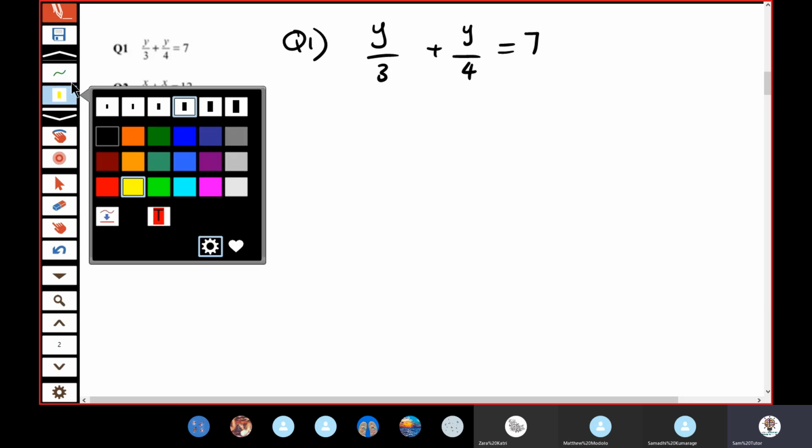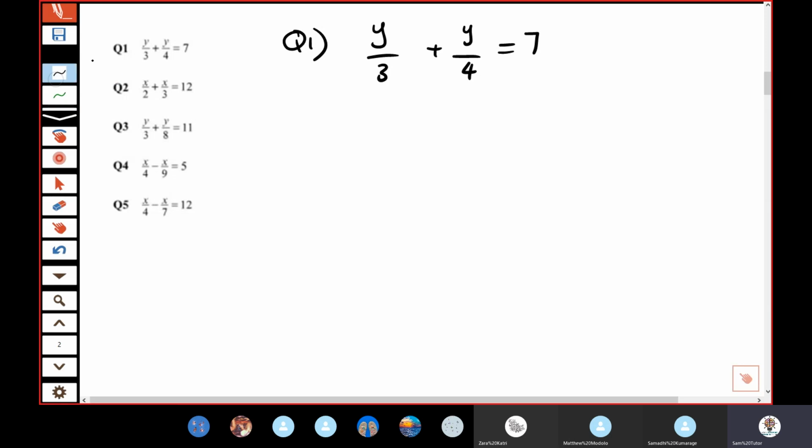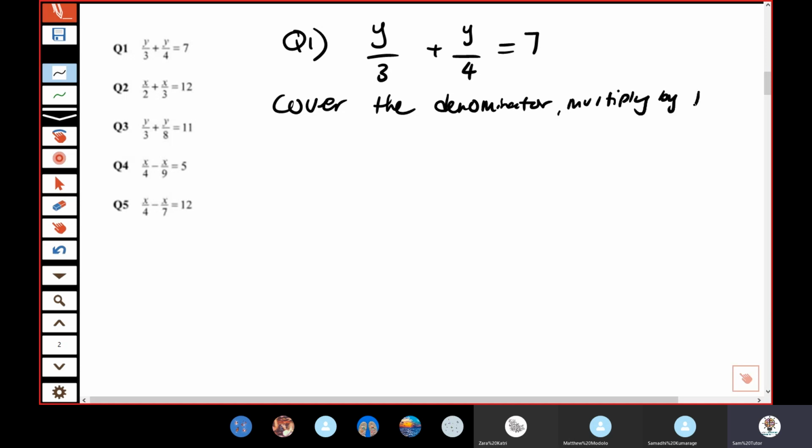Let me write down the quote that I want you to remember. Cover the denominator, multiply by the other.